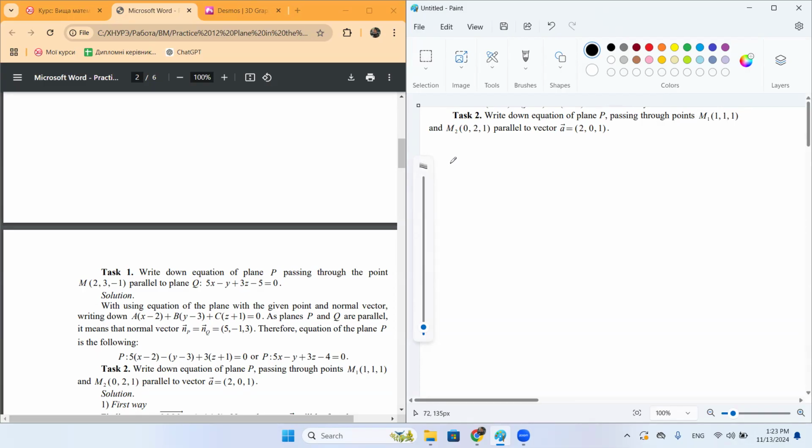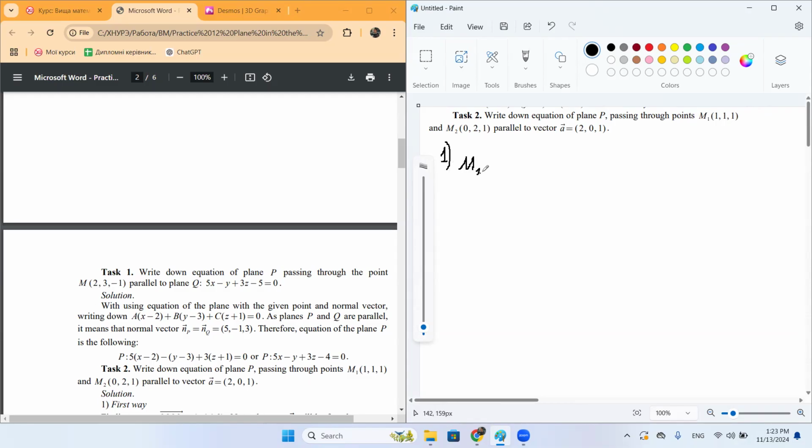How to do it? Points M1 and M2 lie in the plane P, and we also know that... let's write it in vector form. So the first way, first solution.